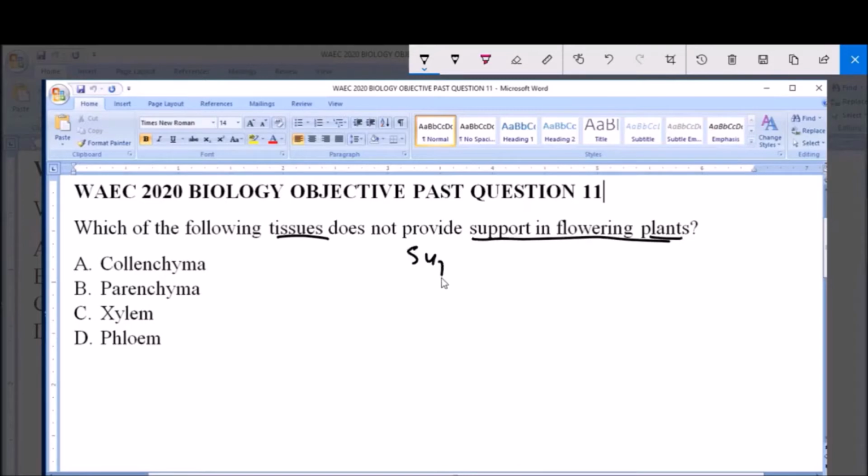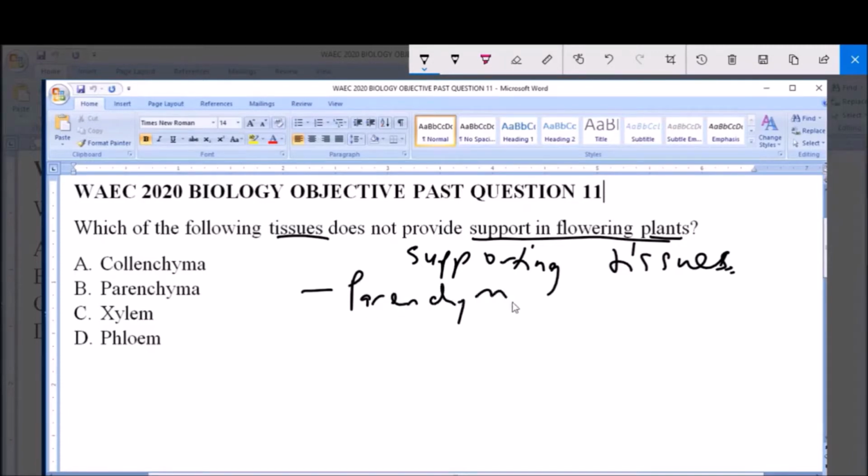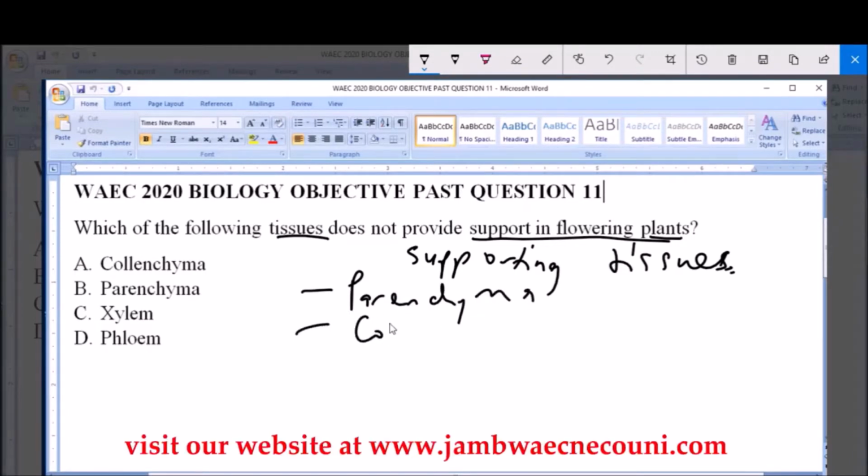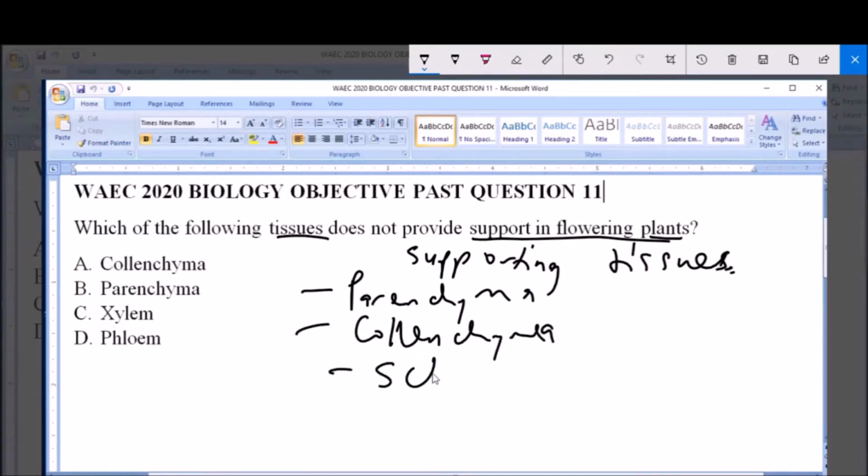Those are known as supporting tissues. Now in plants, the supporting tissues are the parenchyma, collenchyma, sclerenchyma, and the xylem.